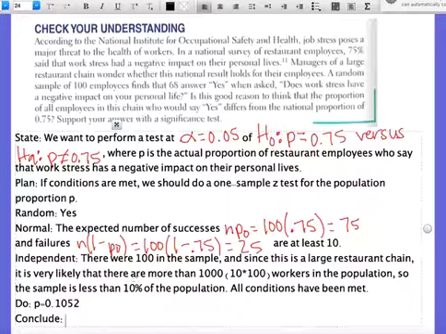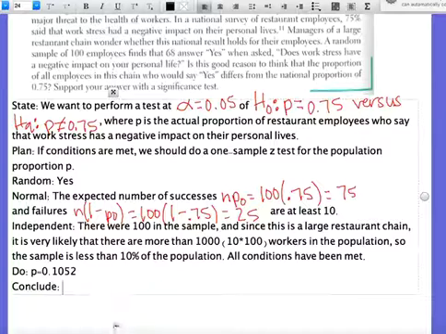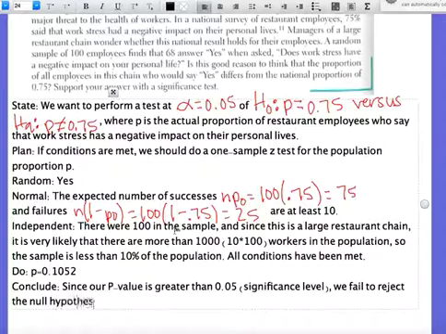So remember now that conclude means that we're just going to compare the p-value and the alpha significance level, the 0.05, and just see how they look to each other. So we would say since our p-value is greater than 0.05, which is our significance level, we would fail to reject the null hypothesis.